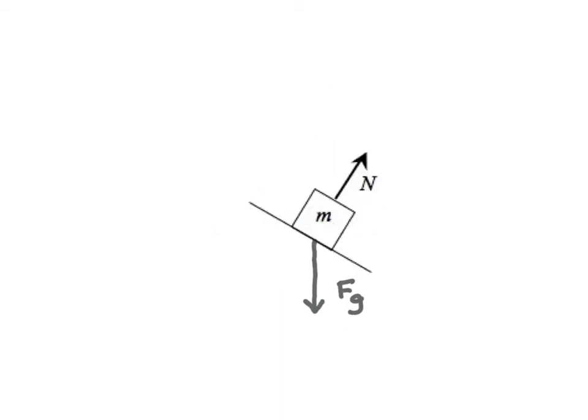Okay, so now I've tilted the ramp up at some angle theta, and there's the normal force still going up, gravity force still going down, but let's apply the XY grid across it again. So now when I overlay the XY coordinate axis, you can see that the x-axis is still parallel to the ground and the y is still perpendicular to the ground.